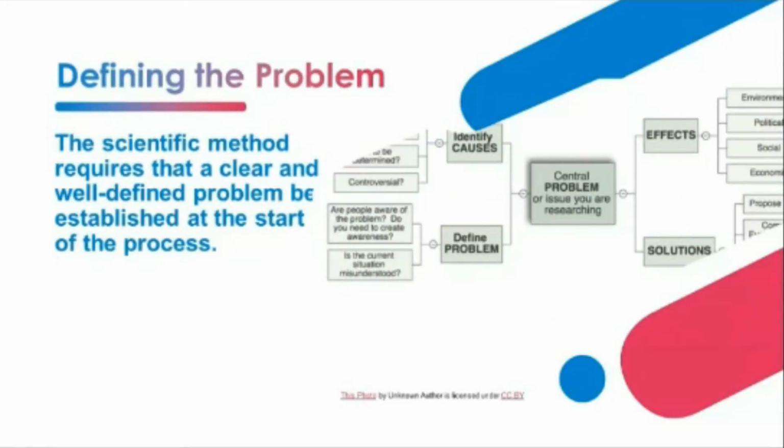So, defining the problem. This part of the scientific method requires a clear and well-defined problem to be established at the start of the process of making the marketing research paper.